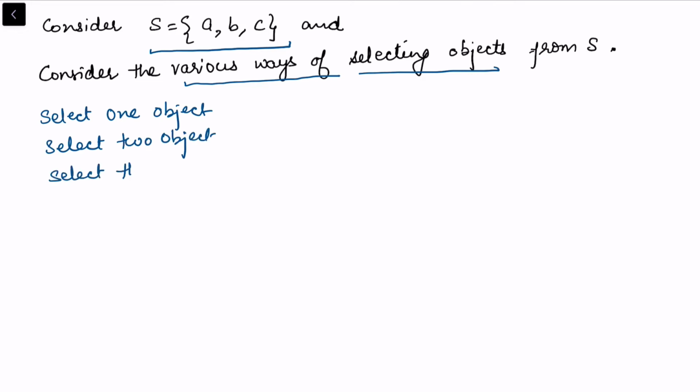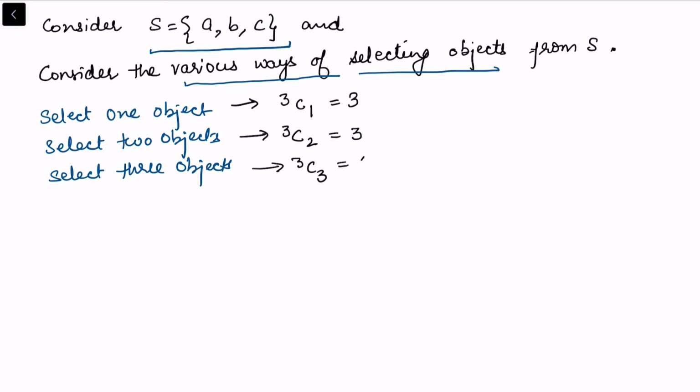If I go back to my previous formulas, in the first case the answer will be 3C1, in the second case 3C2, and in the third case 3C3. 3C1 is 3, 3C2 is also 3, and 3C3 is 1.